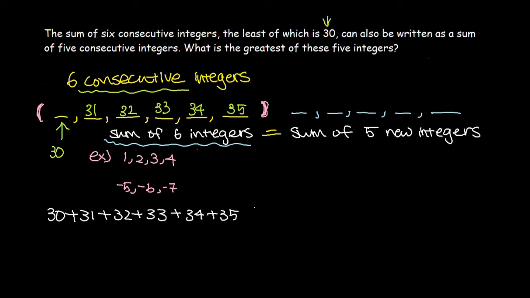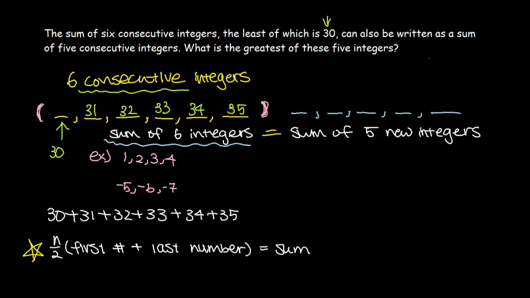This formula basically states that n/2 times the first number plus the last number is going to be equal to the sum. And this formula is going to be very, very useful when you have to find the sum of any consecutive numbers, so you don't have to sit there and add all of these numbers up.